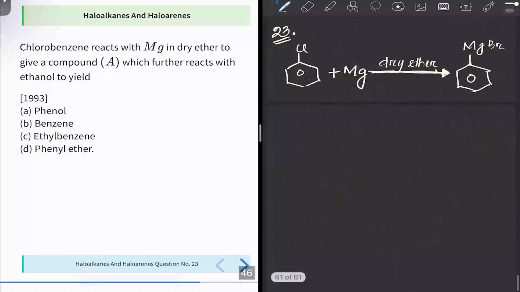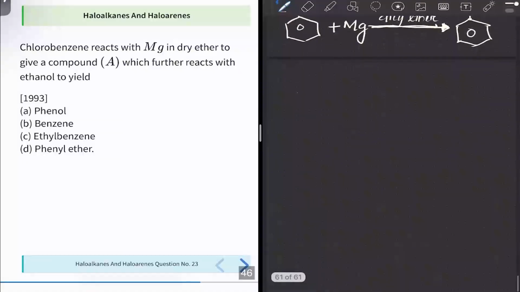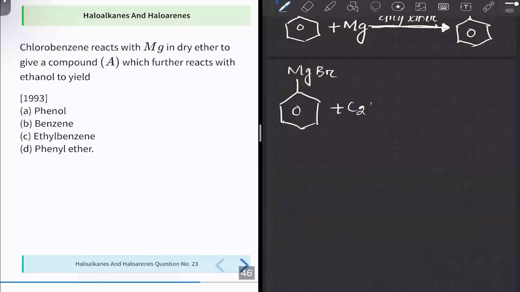It will react with ethanol. This benzene magnesium bromide will react with ethanol, C2H5OH. So what will be the product, are you guessing? Yes, it will hydrolyze this compound.